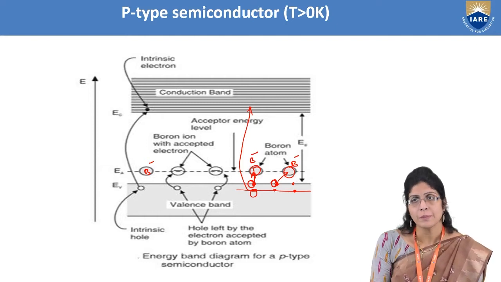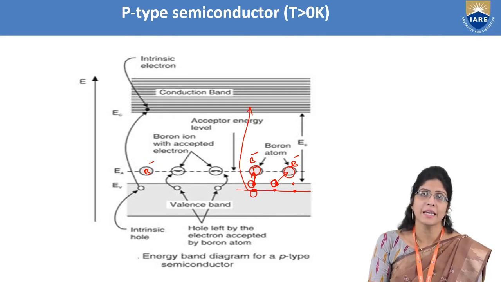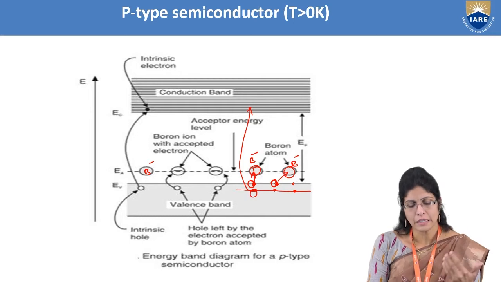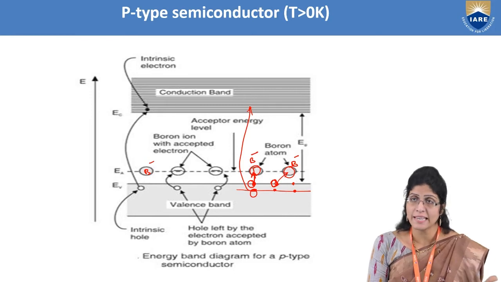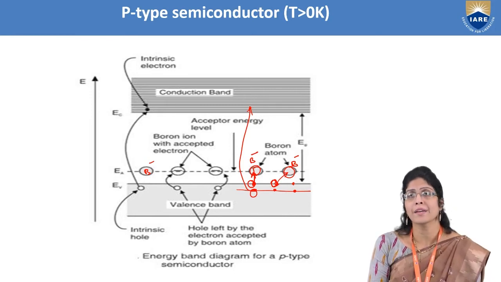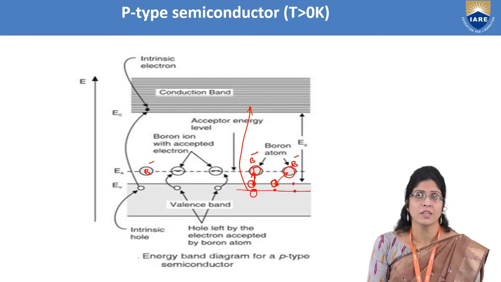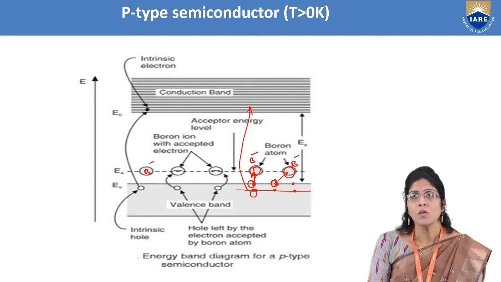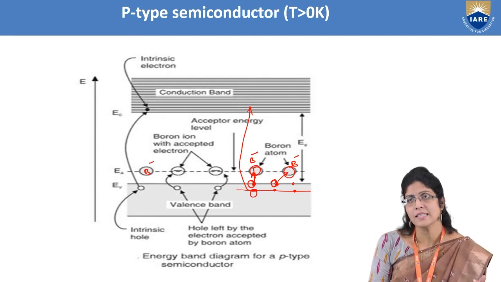Because the holes are large in number, it is known as a p-type semiconductor. As the holes are formed when the electrons are excited, there is always a probability for the electron-hole pair to be formed and the recombination event to happen. So this is the same as the n-type semiconductor. The understanding is the same.